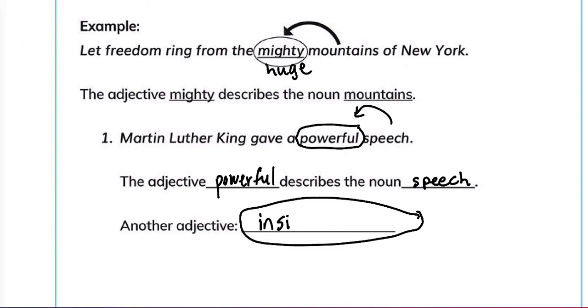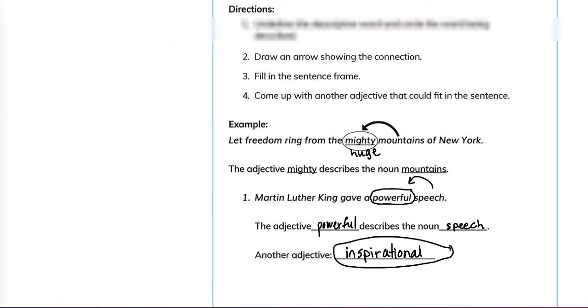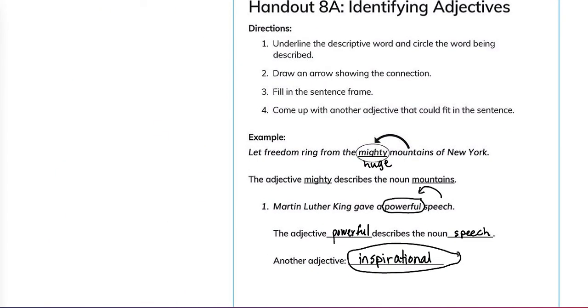I like the word inspirational, but I spelled it wrong. Inspirational. He inspired people with his speech. Powerful is also a great word to use there. If you're done with handout 8A, you are actually done with the deep dive today.